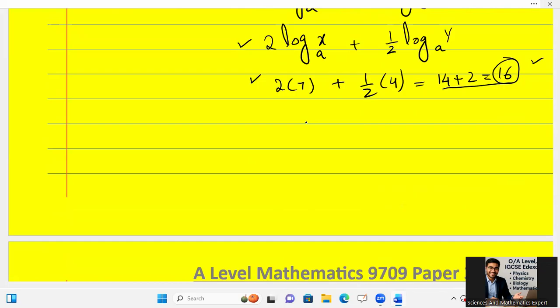Let's take an example where he is saying 2 log to the base 8 of x plus 2 is equal to log 2x plus 19 to the base 8. This is the example question which will be provided, and you will have to find the value of x.